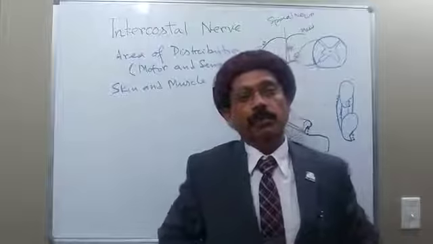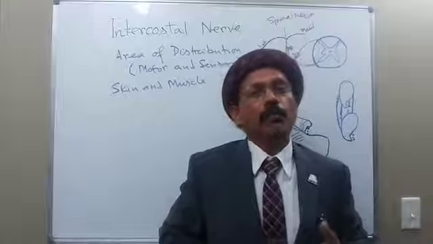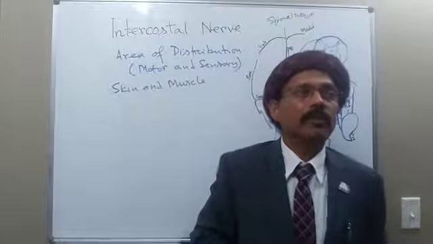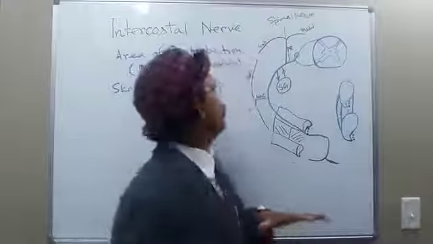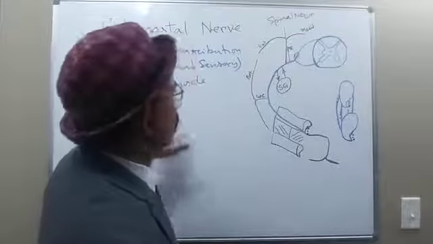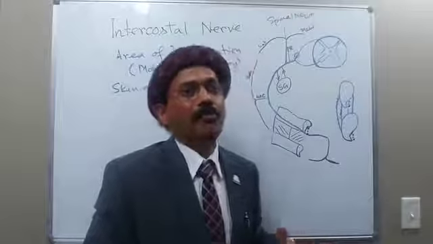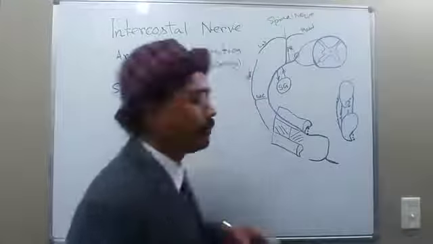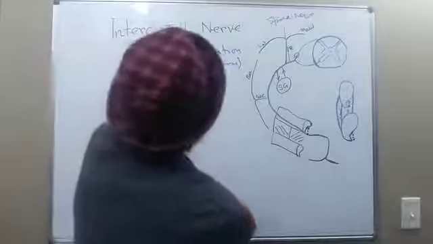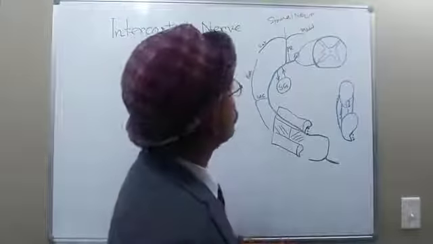Muscles of the abdomen, including external oblique, internal oblique, transversus abdominis, plus rectus abdominis muscle. So the area of distribution is much bigger because we have many nerves.